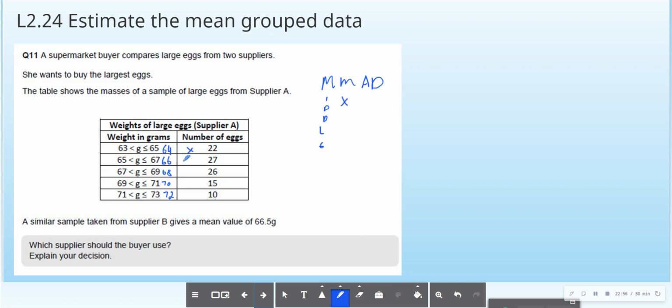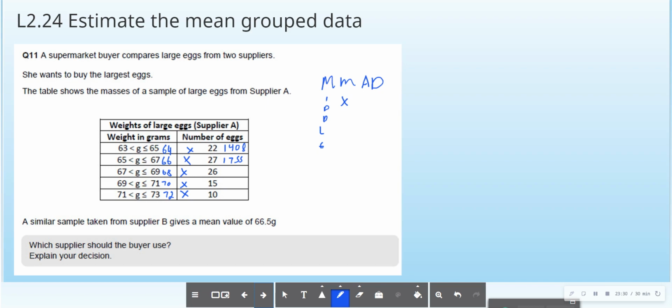Then you multiply these two numbers together. So 64 times 22 gives us 1408. Then 65 times 27, 1755. 67 times 26.